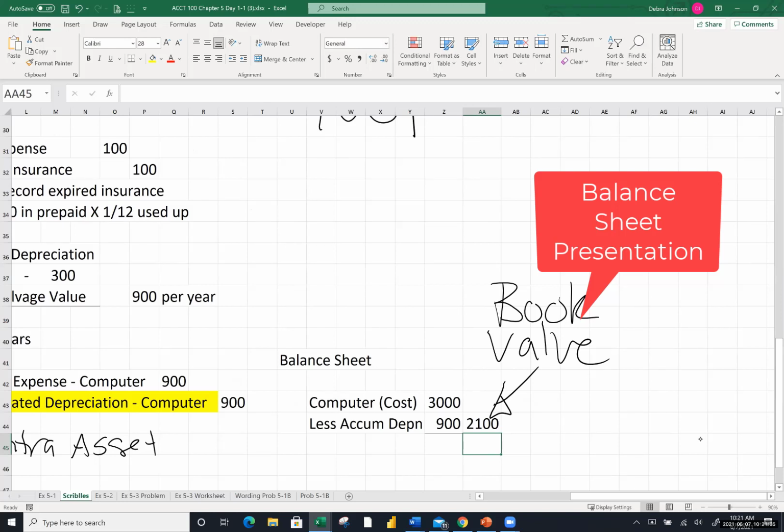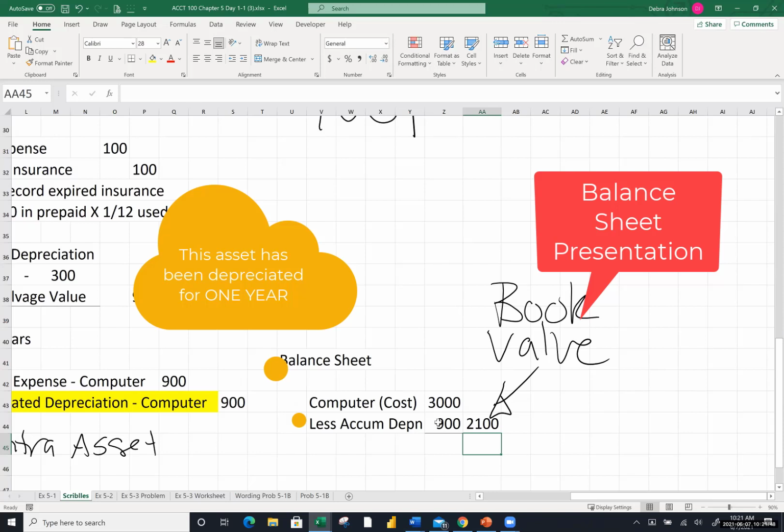Okay, what does that mean? It means that computer cost us $3,000. We're not going to lose that asset for tax reasons. It's going to be sitting at $3,000. But right below it is telling the user that, hey, this asset has been used up for 1 year. Right now, that computer is $2,100.